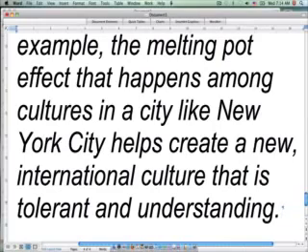So, for example, the melting pot effect that happens among cultures in a city like New York City helps create a new international culture that is tolerant and understanding.